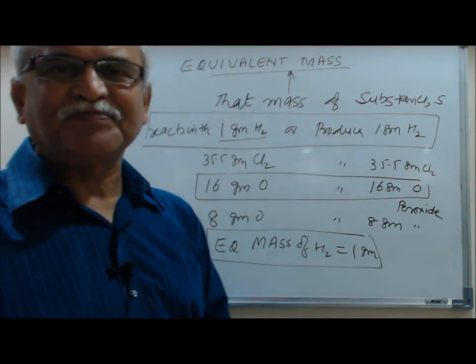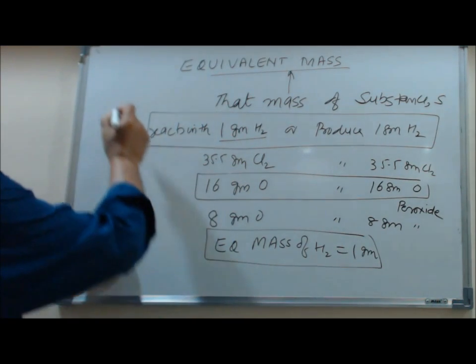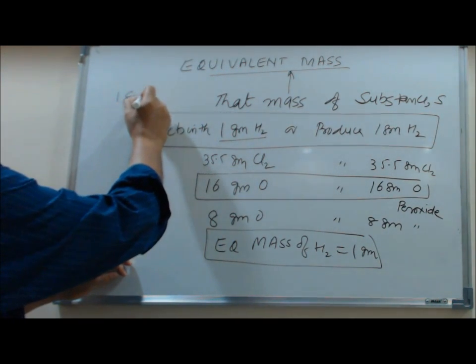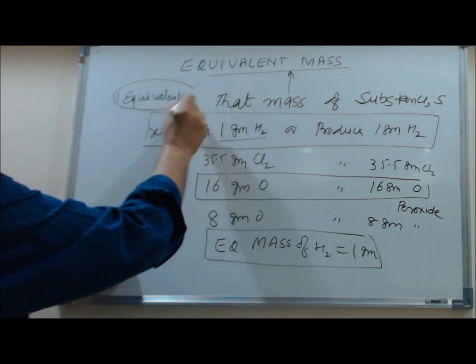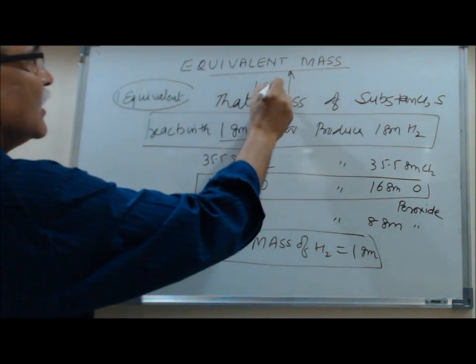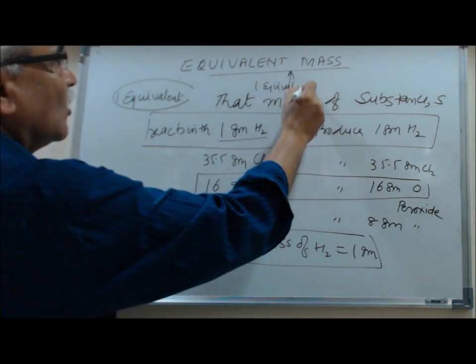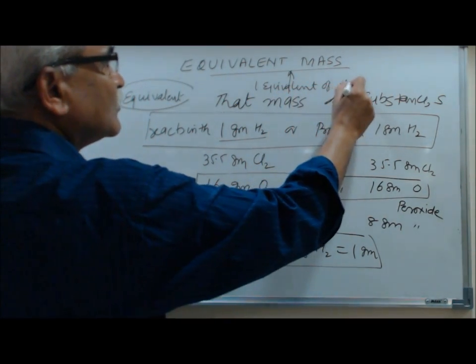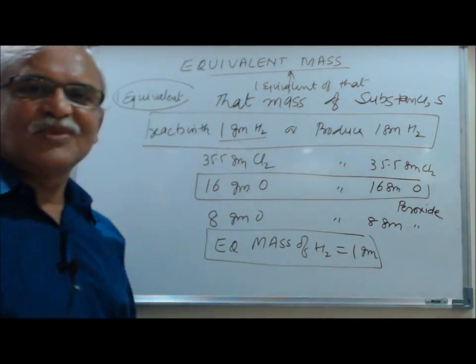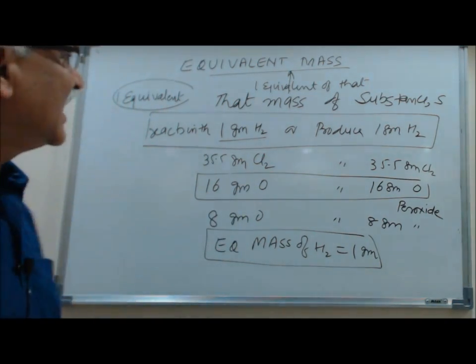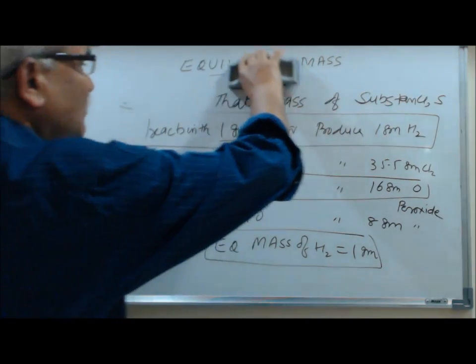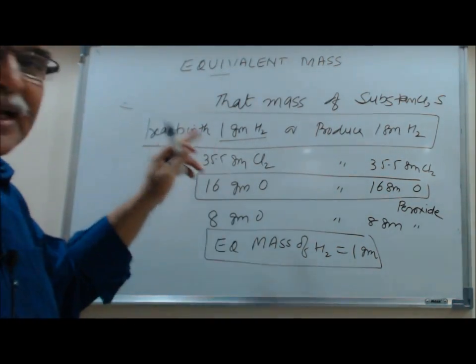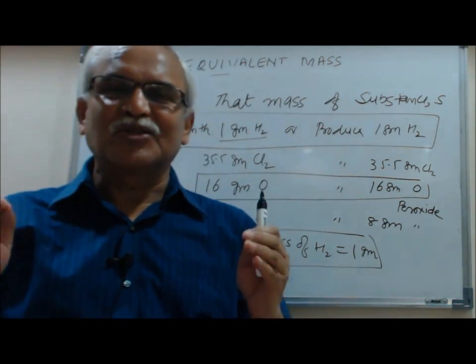Because 1 gram hydrogen is 1 equivalent of hydrogen, so it has to react with 1 equivalent of that substance. So we revert the definition: the equivalent weight of a substance is that mass which reacts with 1 gram hydrogen. Why? Because 1 gram happens to be the equivalent mass of hydrogen.